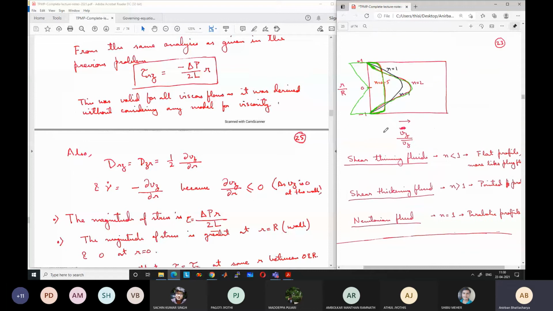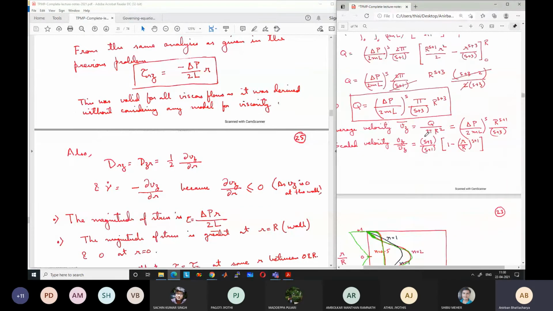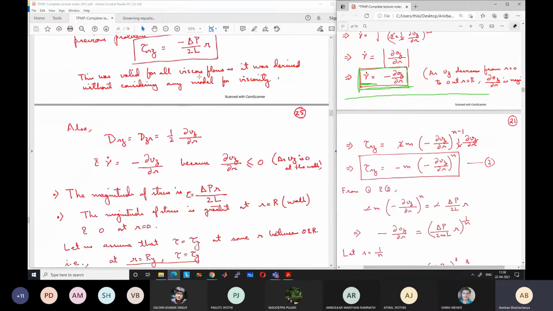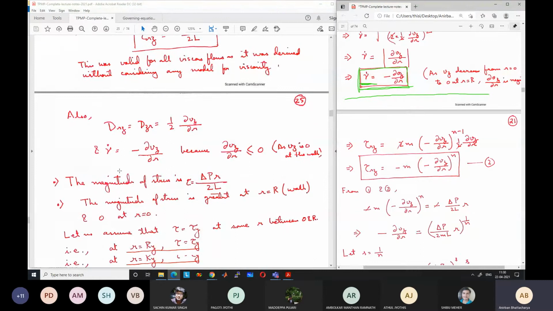That is what we obtained also. So with these findings, tau rz is equal to minus del p by 2l r, drz is equal to dzr is equal to half dou vz dou r, and nu dot is equal to minus dou vz dou r. We will continue the derivation for the Bingham plastic.